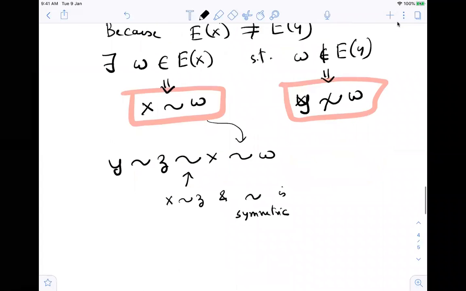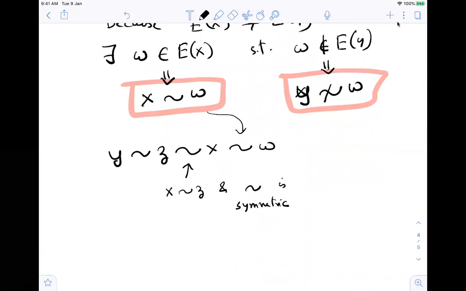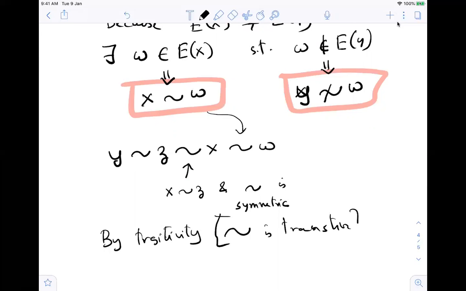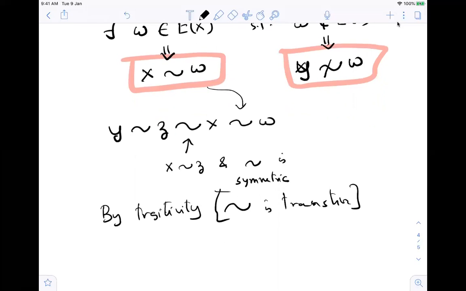So what do we have? y is related to Z, Z is related to x, x is related to Z. Then by transitivity. What is transitivity? That means this is transitive. This is the only thing that we had not used, and I'm now going to use it. x is related to Z, Z is related to x.